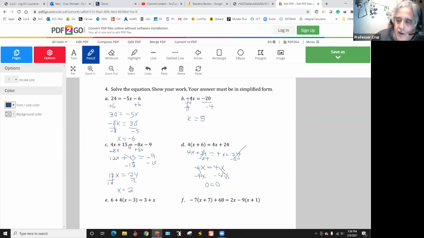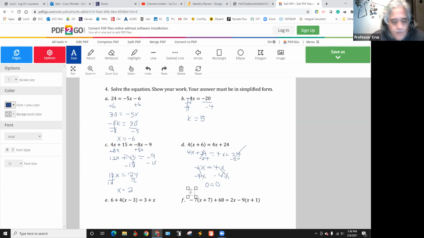So the answer to this is all real numbers, number solutions. You could just try it if you wanted to. Pick any number out of your head, put it in for X, you will get a true statement. All right, move on down.